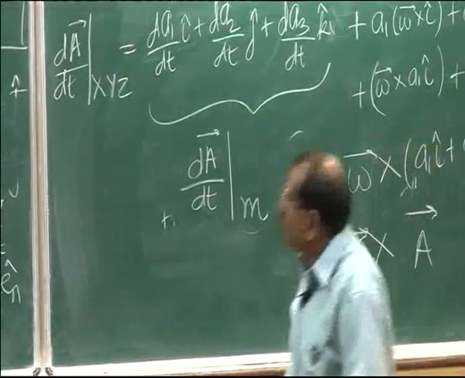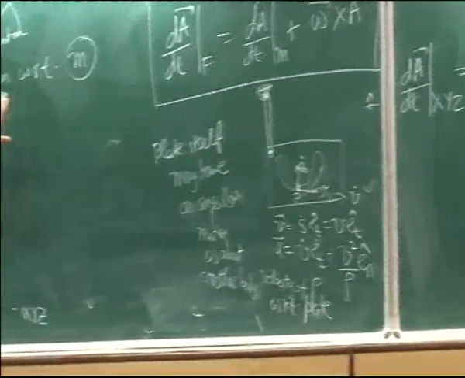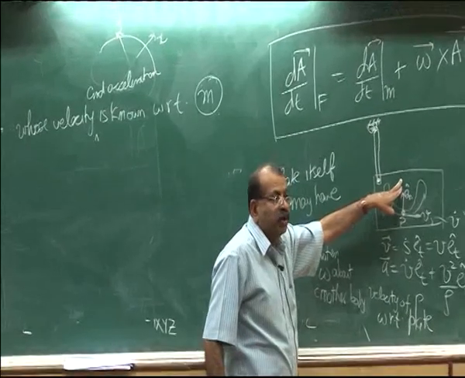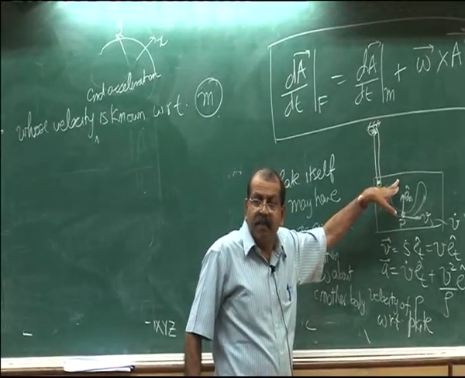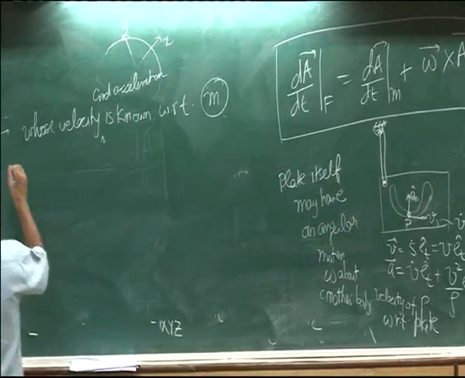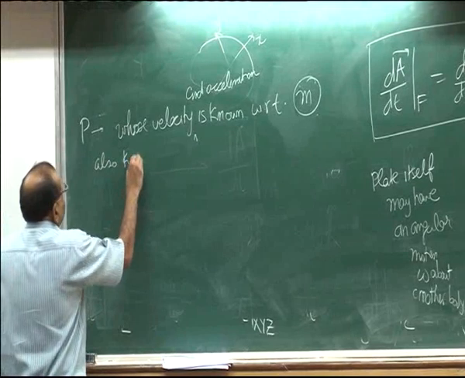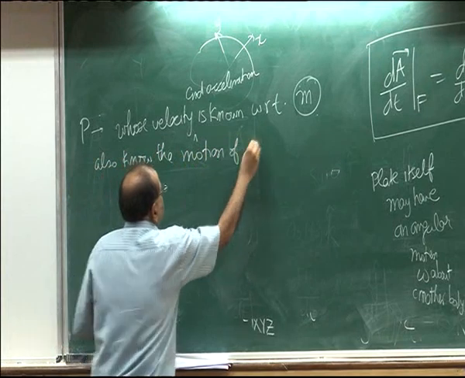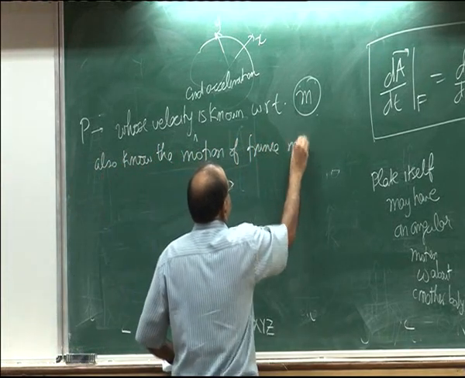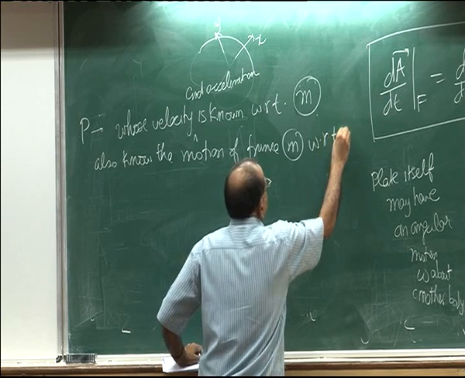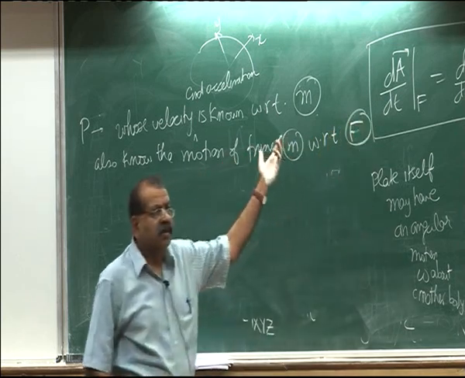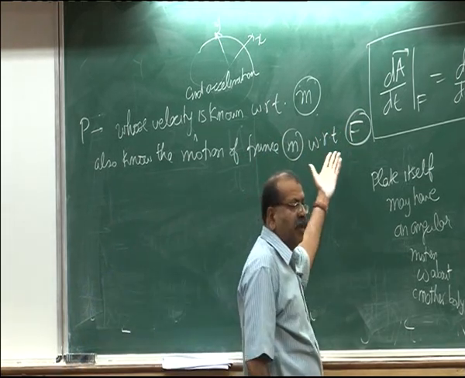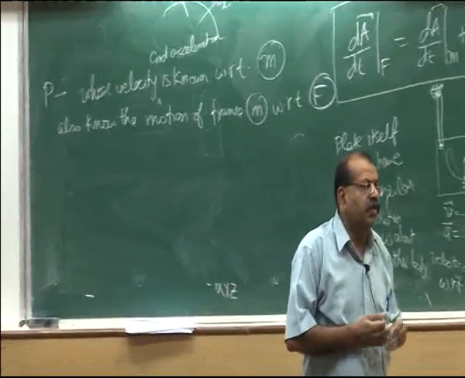Okay, so what we are saying is we know a point P whose velocity and acceleration are known with respect to m. So I know the velocity and acceleration of this with respect to the plate. So the plate is my moving frame m, and we also know the motion of frame m with respect to the ground frame F. Again, F need not be the ground frame, but we'll typically take F to be the ground frame.